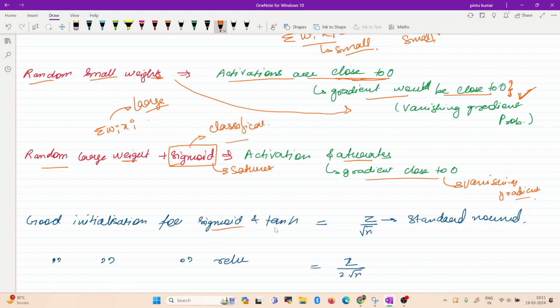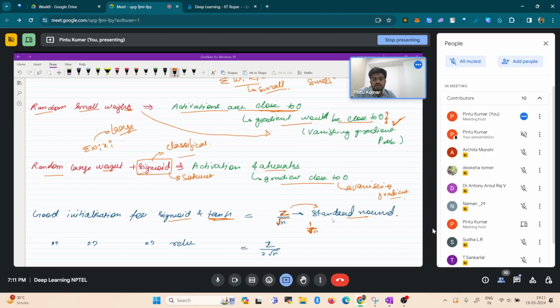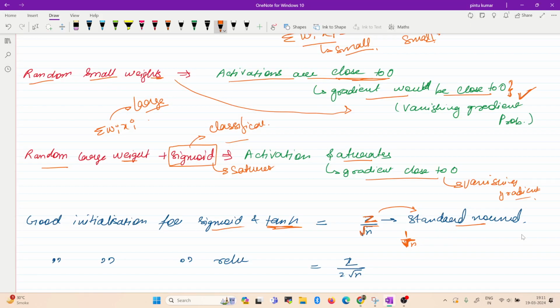For sigmoid and tanh activation functions, if you sample weights from the standard normal distribution and you scale it by the factor 1 by root n, I think it is 1 by root n only, yeah, then you would be able to obtain good results.